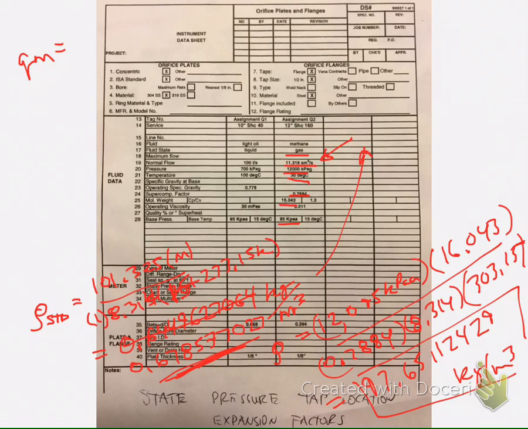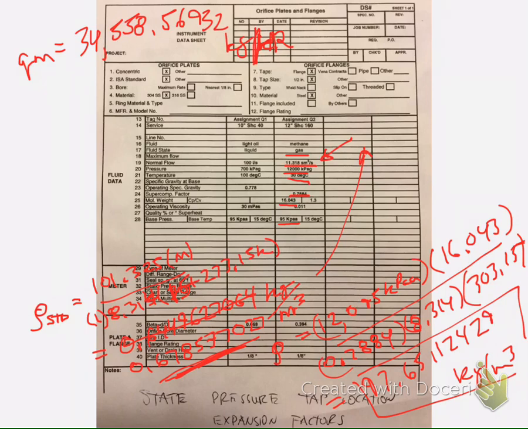And so what I end up with is 27,646, and that's going to be normal flow. So I need to divide by 0.8, and I get 34,558.56932. This is now in kilograms per hour for us.